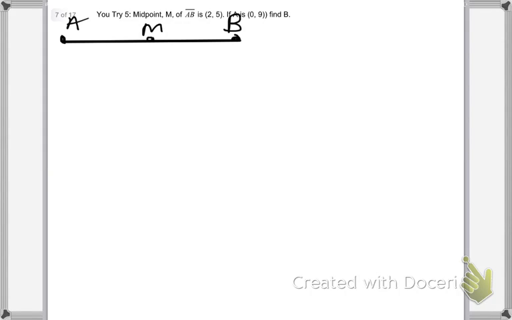Our midpoint is 2, 5, and our A value is 0, 9. And again, we're trying to find B. I do not know what the second coordinates are, so I'm just going to label them x2 and y2. Could you label them x and y? Absolutely, whatever you feel more comfortable with.